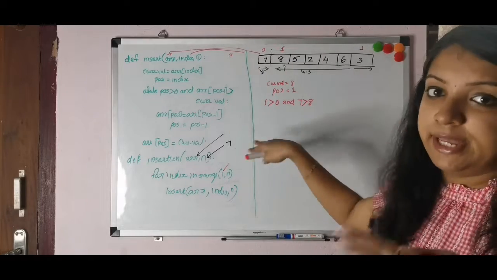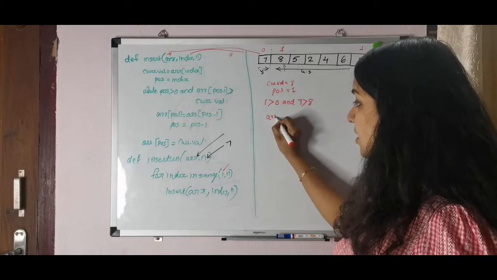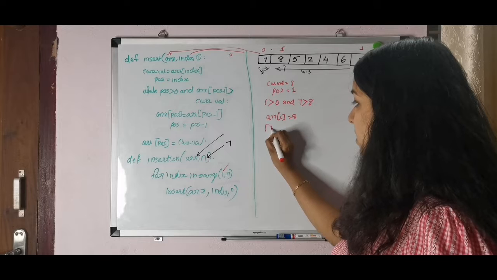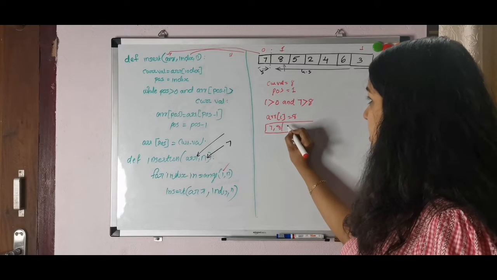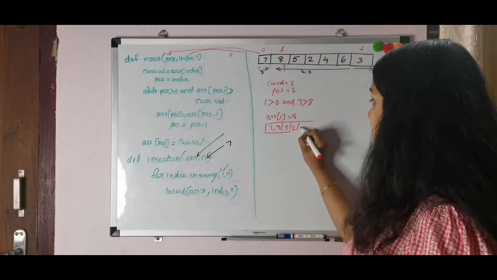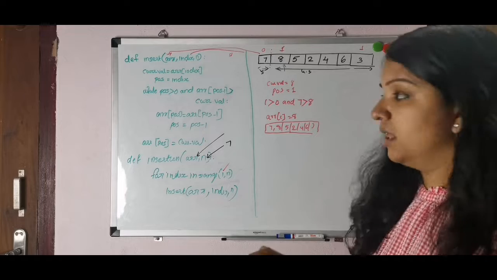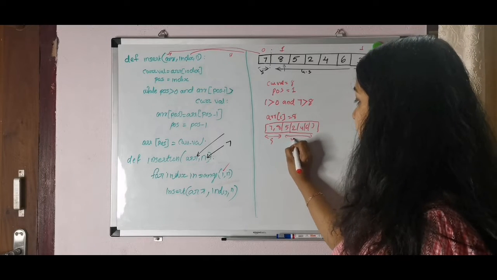But we will do array of 1 equal to 8. So our array will be 7, 8. After this iteration, the array will be 7, 8, 5, 2, 4, 6, 3. This part will be sorted and this will be unsorted.